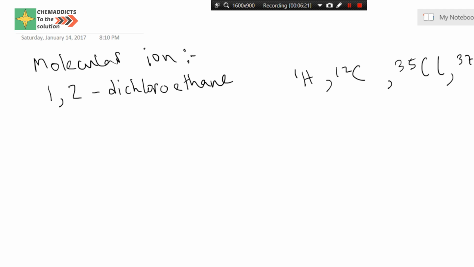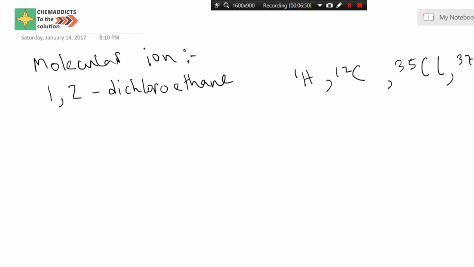At first, let us draw the possible molecular structures of this compound using these isotopes. There are many possible combinations, so now let us try to find the possible combinations of molecular ions.